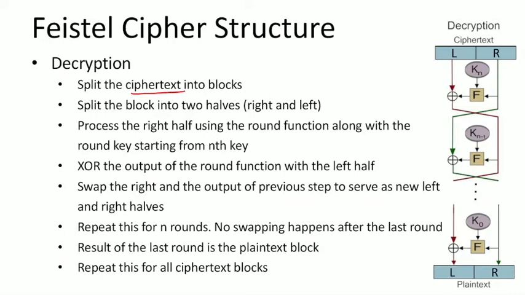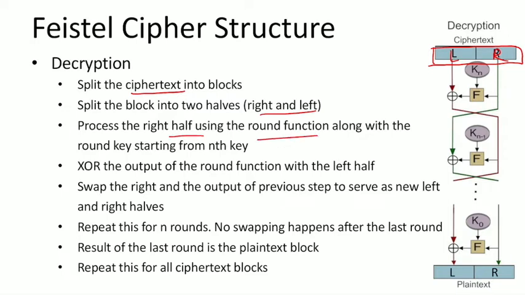And if the last block does not have 128 bits, we will actually pad it. And then we take individual blocks and process them using this structure. And then we take each block and perform this decryption process on it. So each block is going to be split into 2 equal halves, left and right, just like the encryption process.